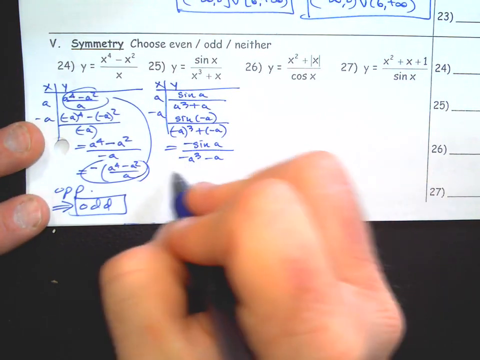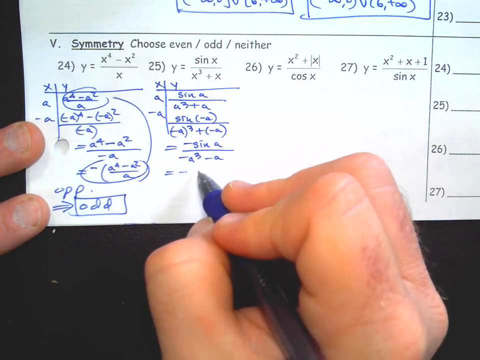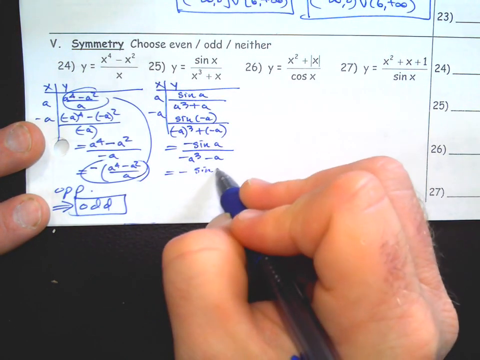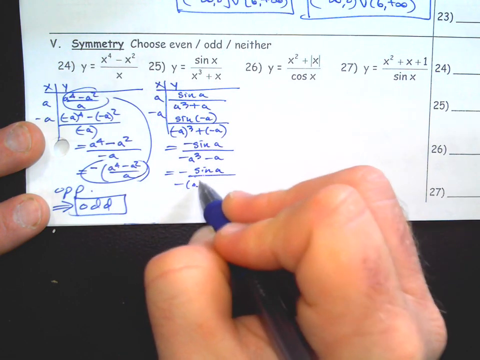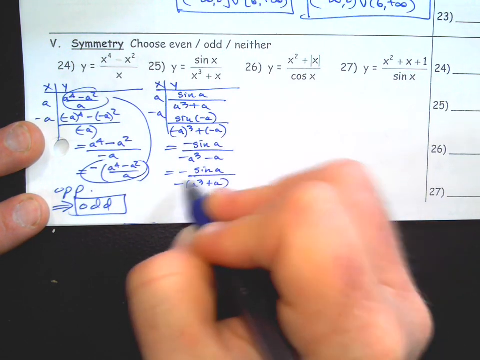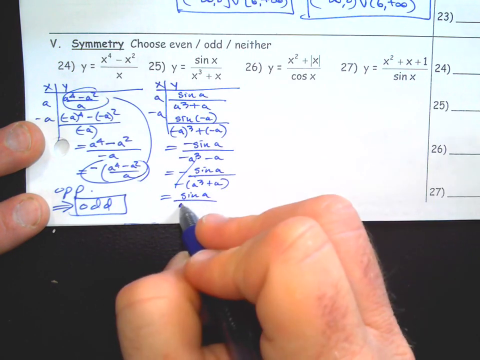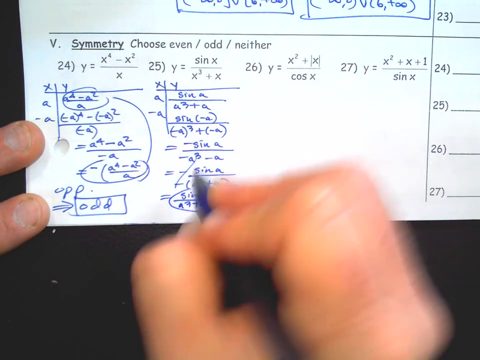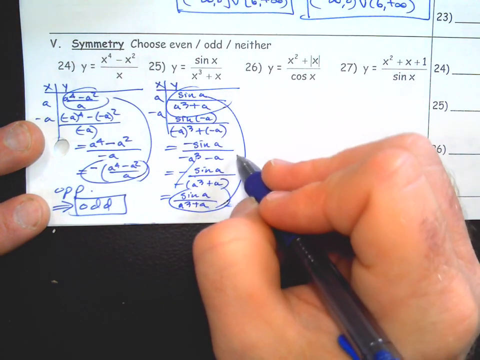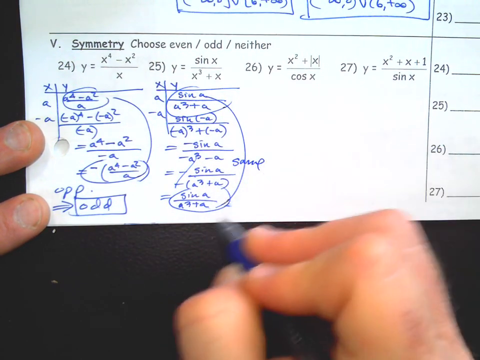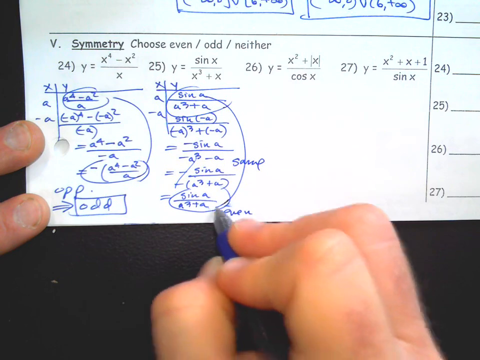Now you should realize you could factor a negative out of everything on the top and out of everything on the bottom, and the negatives will go away. So you get sine a over a cubed plus a, which is the same. When they're the same, it's even.